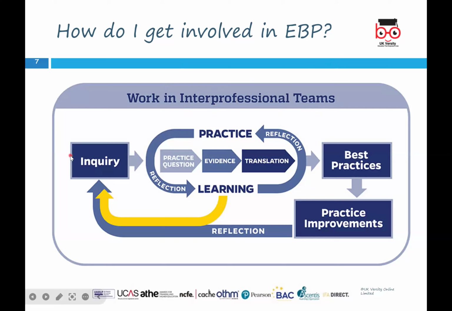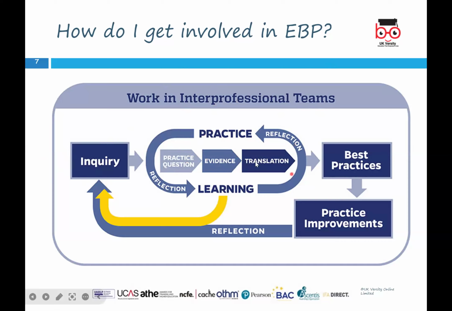you'll inquire about some practice. And what is the practice that you're questioning? For instance, if it's just as simple as hand washing, what evidence do you have on hand washing required to, for instance, alleviate problems or to prevent certain health conditions?